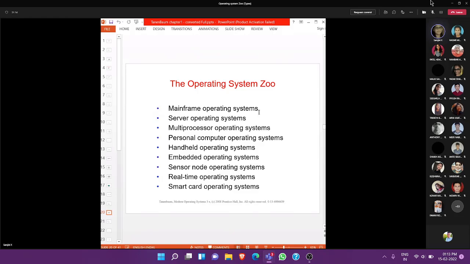Print service, file sharing service, and web service. Examples of server operating systems are Solaris, FreeBSD, with BSD written in capital letters, Linux, and Windows Server 200X. All these are server operating systems.